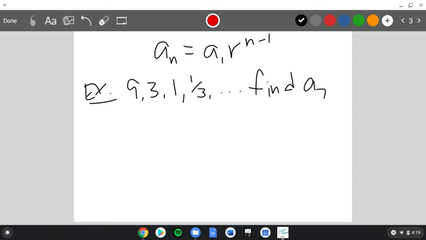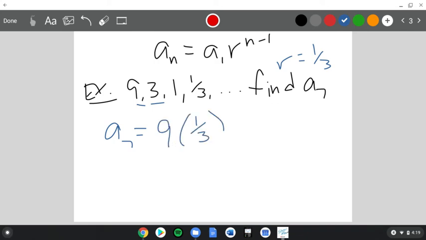Filling in our formula, then we would have a sub 7 is, and our common ratio, the second divided by the first, remember, gives us 1/3. So our first term is 9 times 1/3 to the power of 7 minus 1.